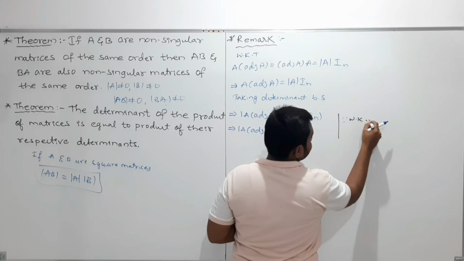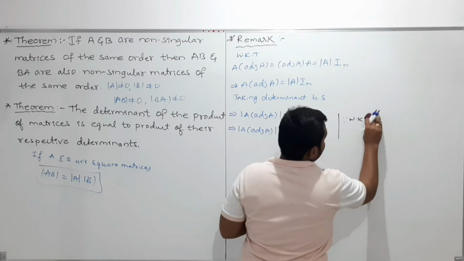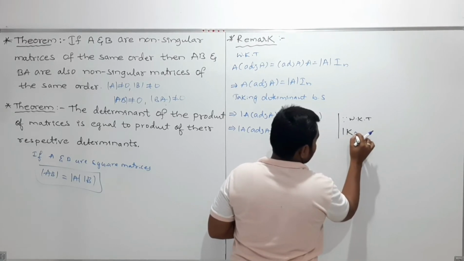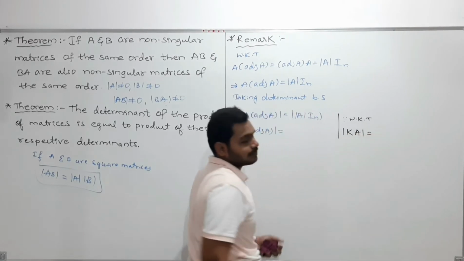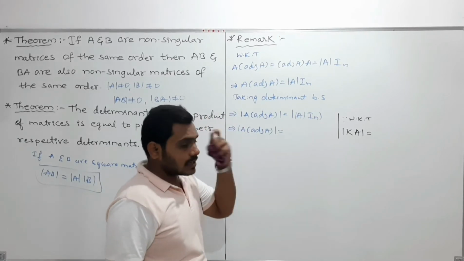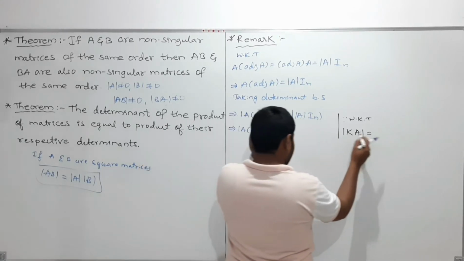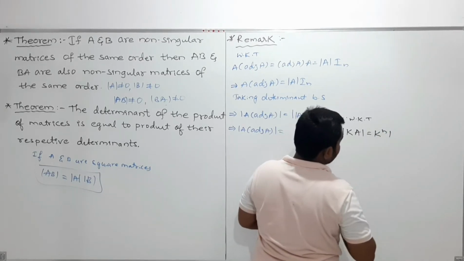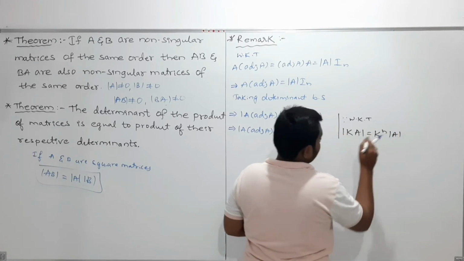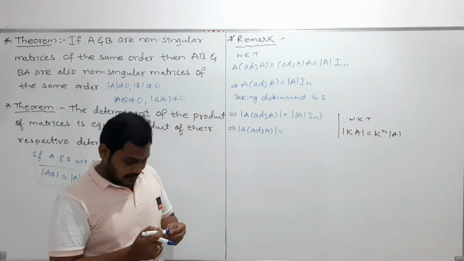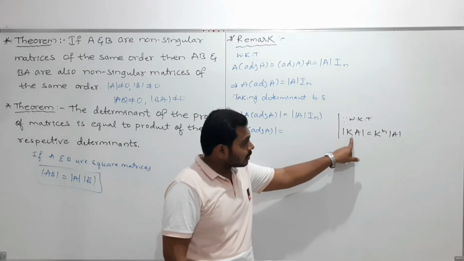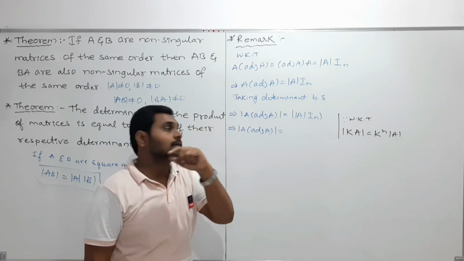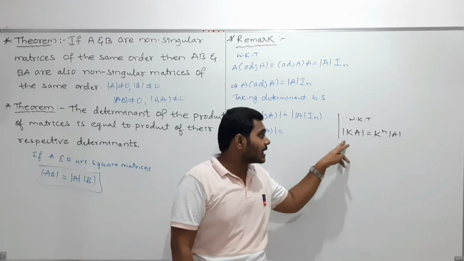We know from the earlier videos that determinant of K into A, if A is of the order n, is equal to K to the power n into determinant of A. I think in the properties of determinants I gave you this result.